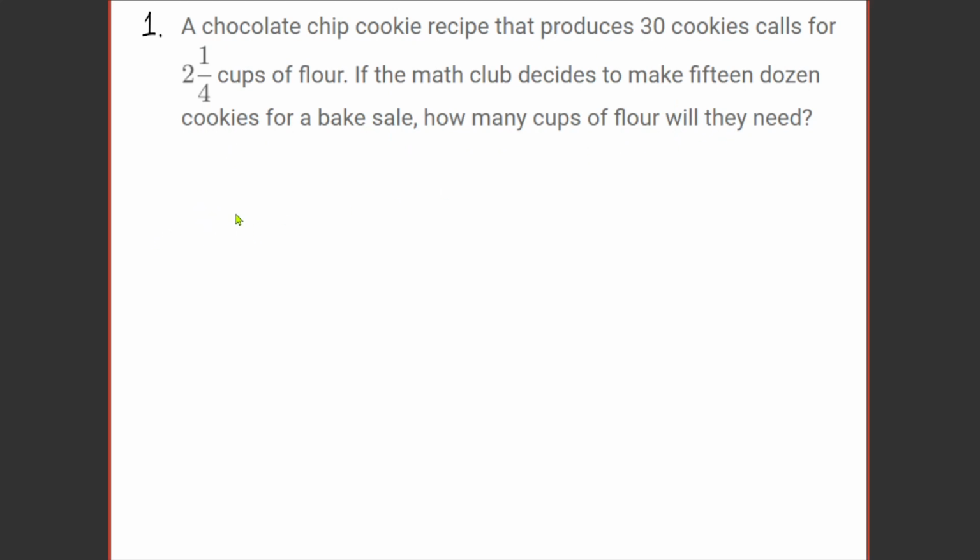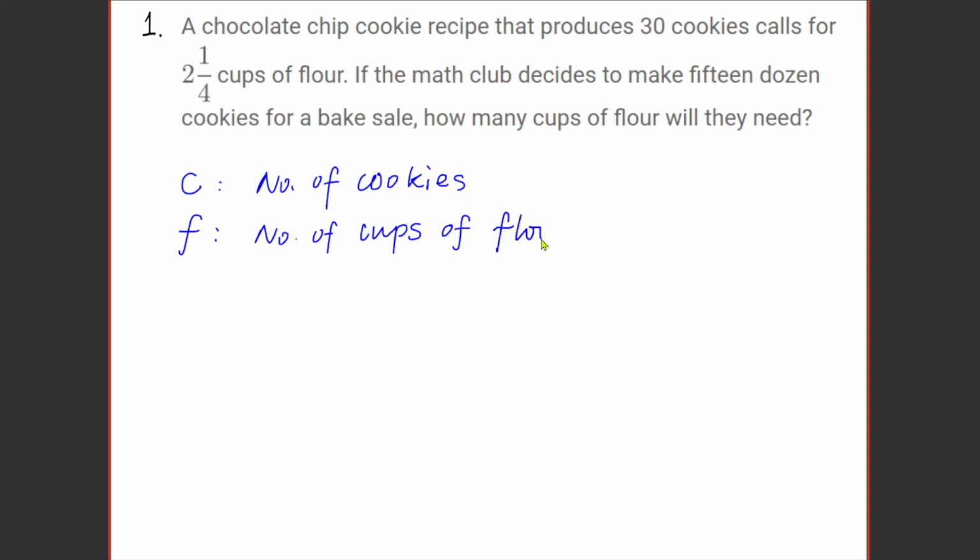So if we let C stand for the number of cookies, and F be the number of cups of flour, then the ratio of C over F must be constant, right?